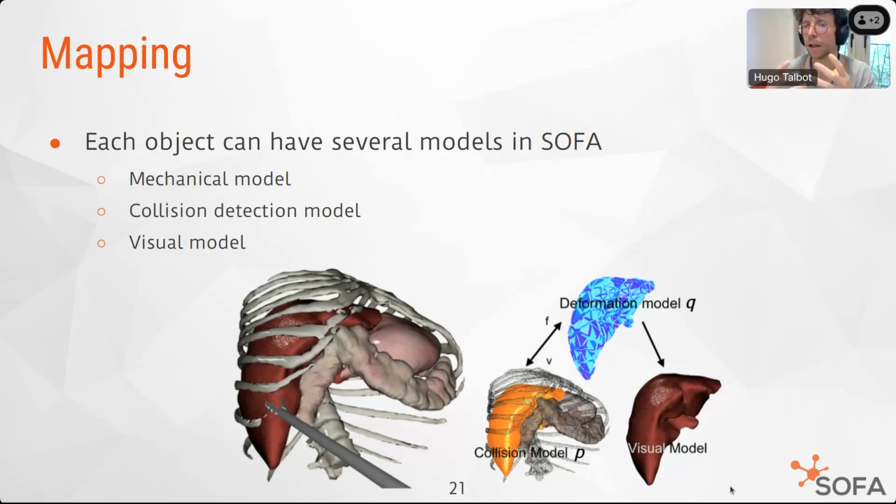If we want to have a very accurate mechanical model, but we are less demanding regarding the accuracy of the collision, we can use a very fine mesh for the mechanics, while having a coarser mesh for the collision detection, or inversely. And these mappings, they will make the correspondence between those meshes.